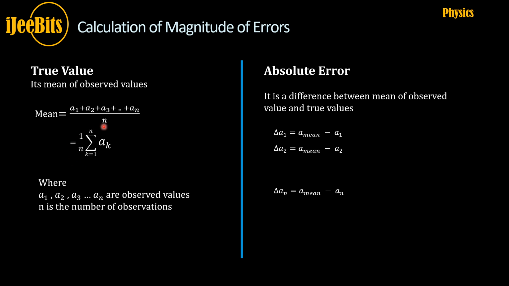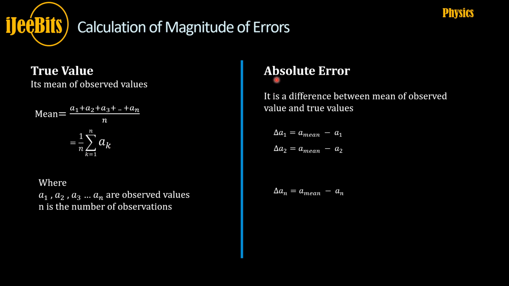We can also represent it as 1/n times the sum of a_k for k from 1 to n. a1, a2, a3 are the observed values and n is the number of observations. So you get the mean value.